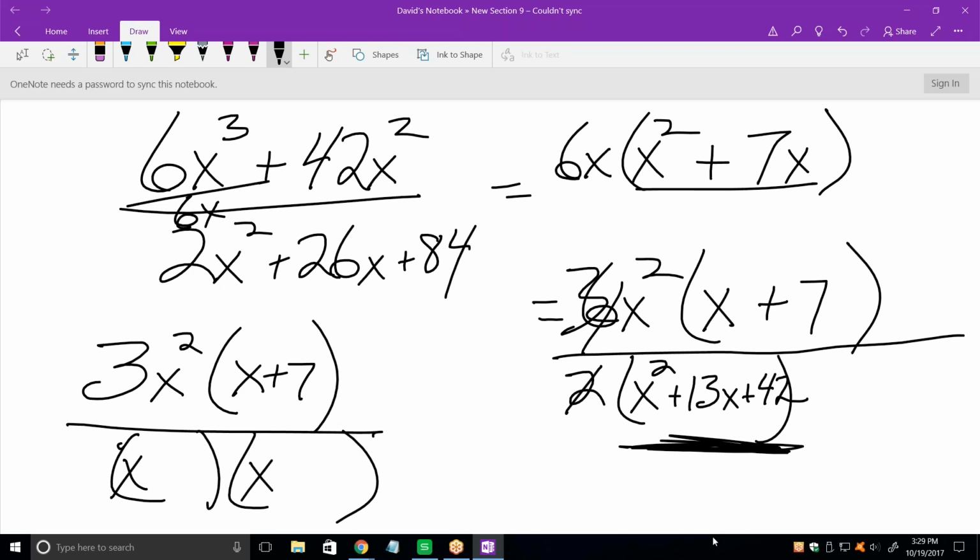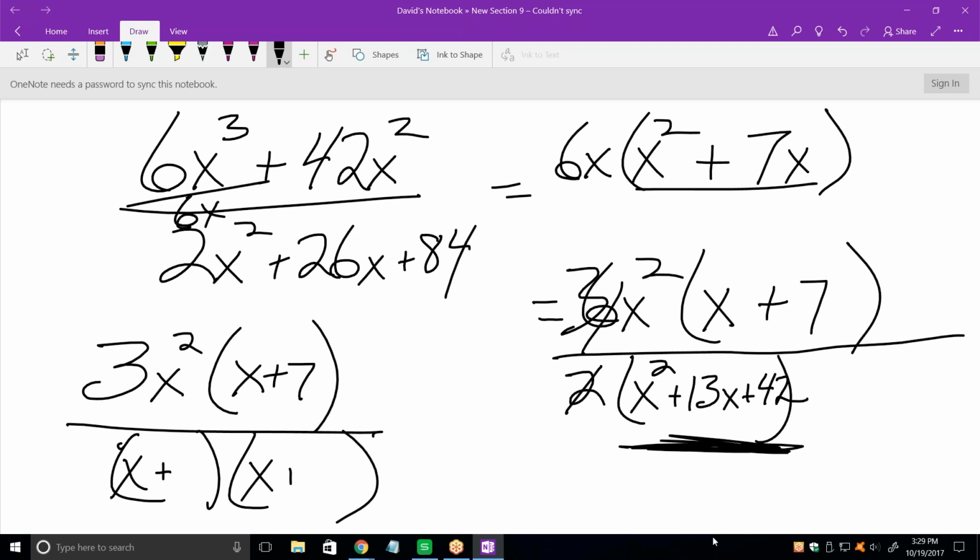So factors of 42. So x plus, x minus. No. See, this is different. This has a plus sign in front of the 42. So both signs have to be the same. They either have to both be minus or they both have to be plus. And the sign on the middle term tells us they both have to be plus.